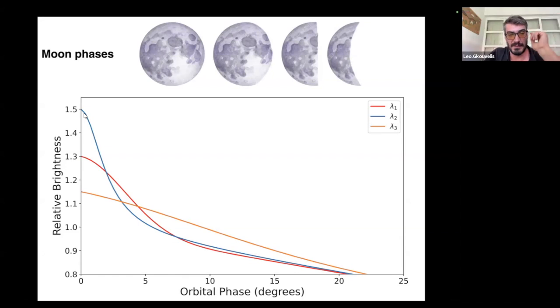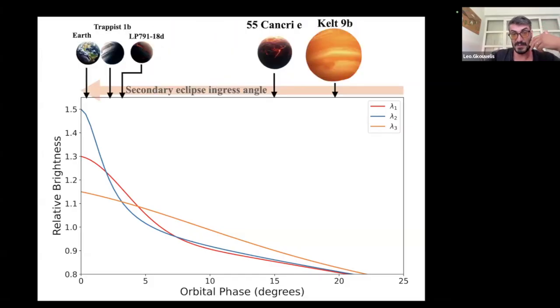Now, why does this matter in the exoplanet community? Because if you're going to evaluate the secondary eclipse depth, or do emission spectroscopy very close to the secondary eclipse, and you don't include this phenomenon, you're going to be off sometimes 20, 30, even 50%, depending on the band. Now, of course, the question is, at which angles do you evaluate this phase curve in exoplanets?